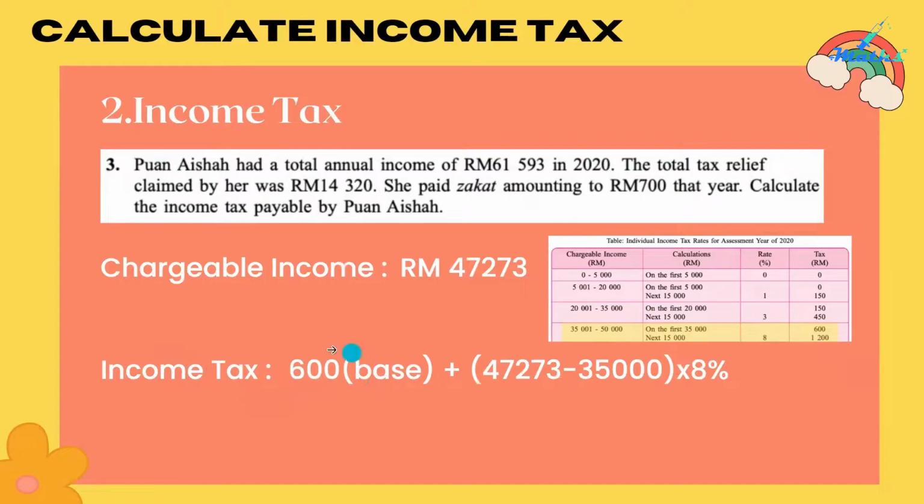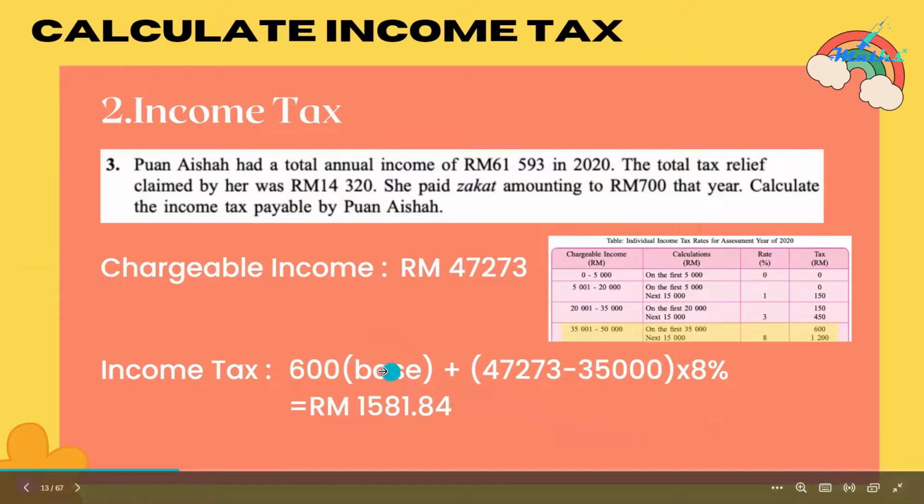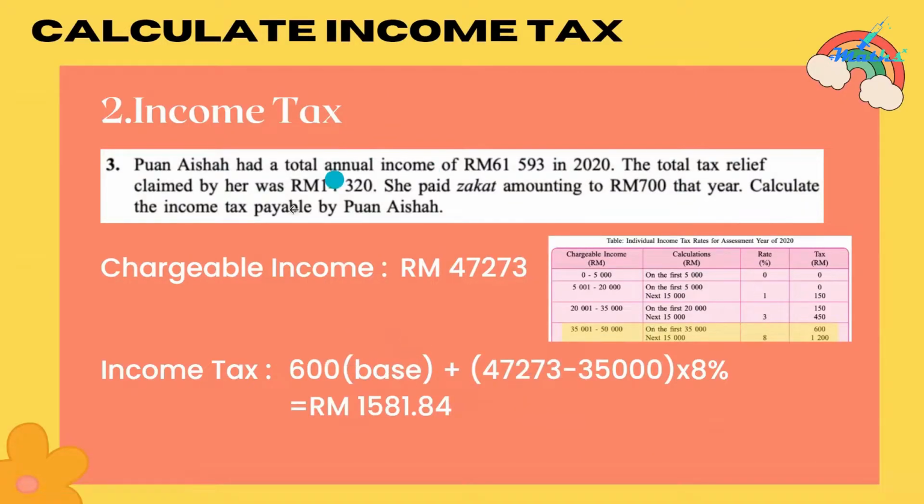The income tax is 600, which is the base for the first 35,000, plus the chargeable income minus the first 35,000, times the rate, which is 8%. So the answer should be 1581.84. This is the income tax.